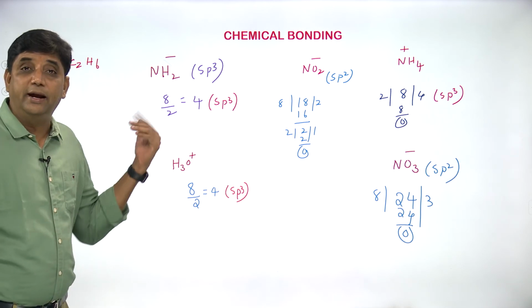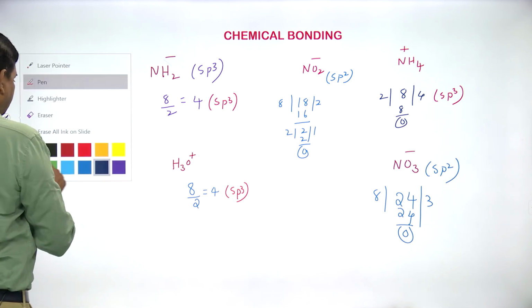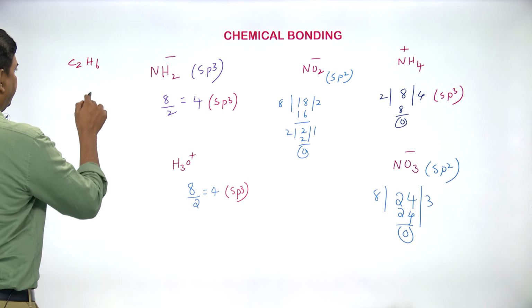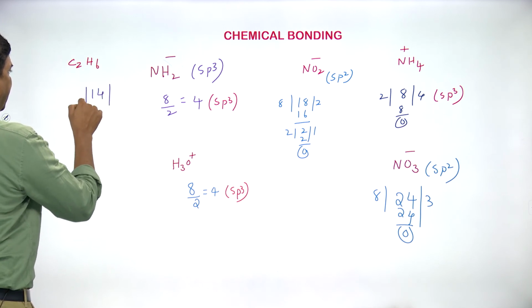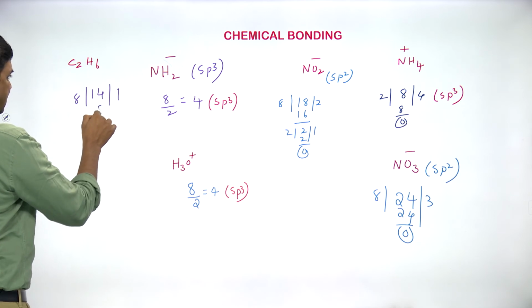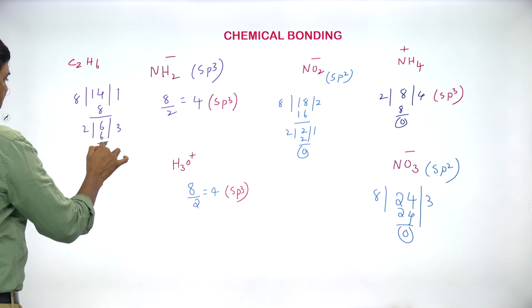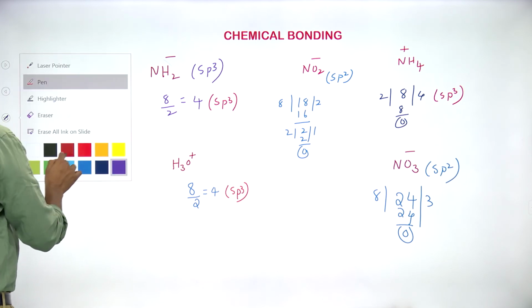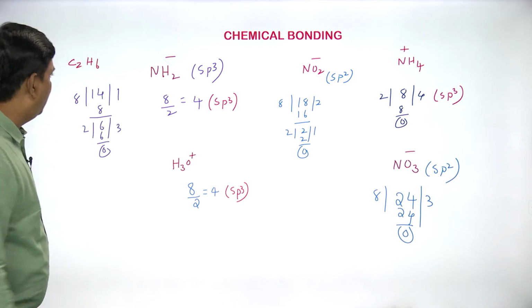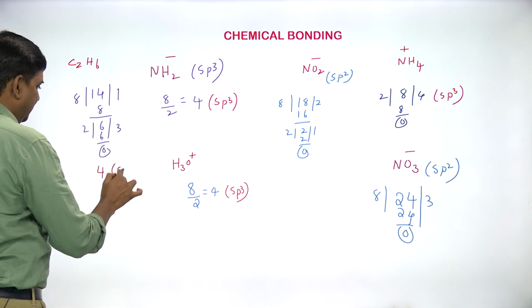C2 means 8. 8 plus 6, how much? 14. 14 should be divided with 8. 8 ones are 8. 6. And 2 3s are 6. 0. 3 plus 1 is equal to 4. 4 means sp3 hybridization.